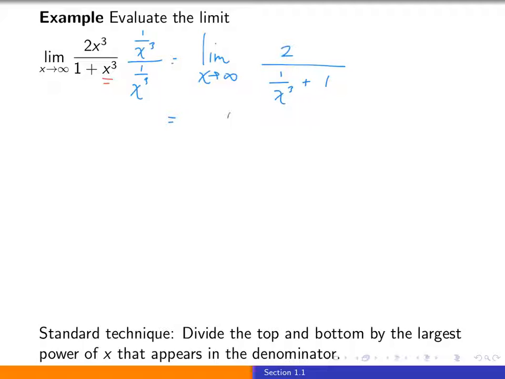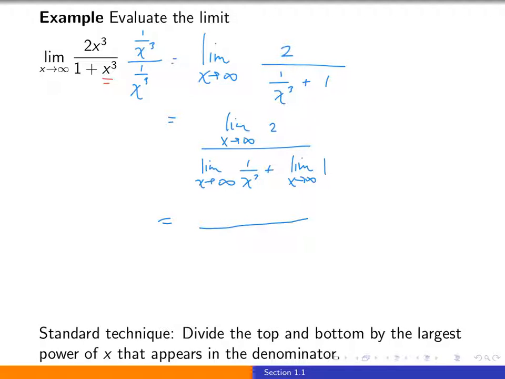We take the limit in the top, divided by the limit in the bottom. For the limit in the bottom, we'll have the limit of the first plus the limit of the second. Now, these limits are quite efficient for us to evaluate. The limit of a constant is simply that constant.